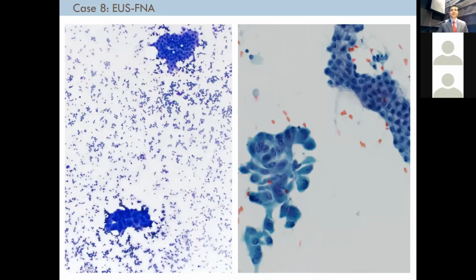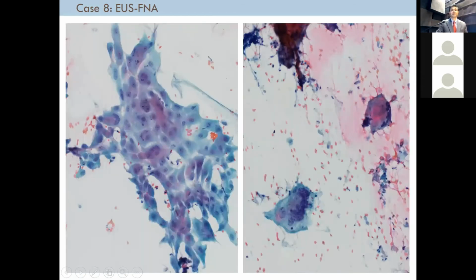The cytological smears, as seen over here, show two types of cell population. This population seen on the top looks very bland, and then there were epithelial groups that showed atypical cytomorphological features. On high power image of these atypical cells, as you can see, they are large cells with two-tone cytoplasm.